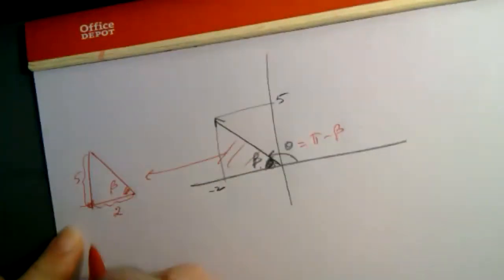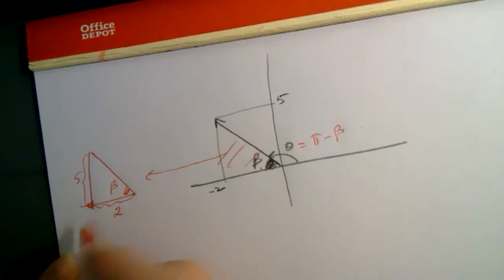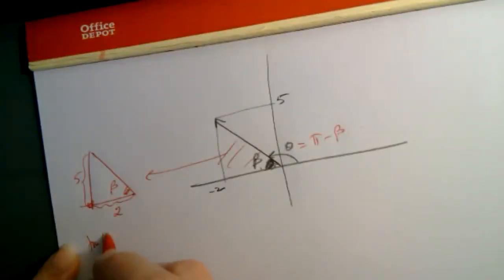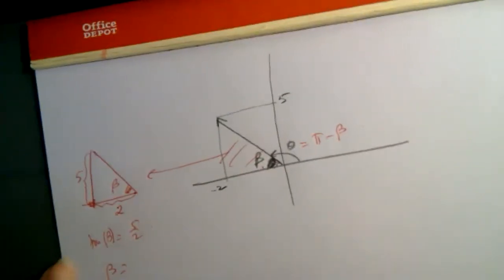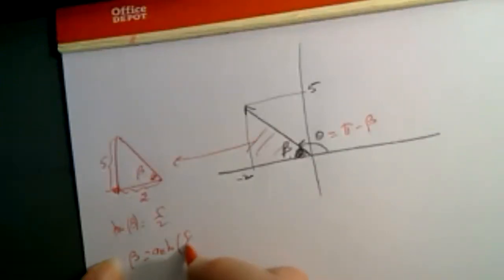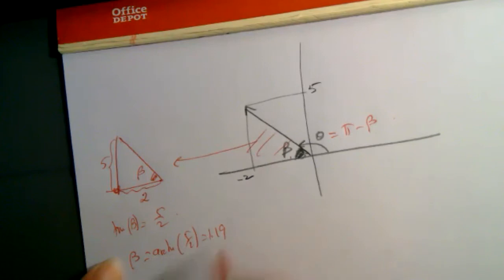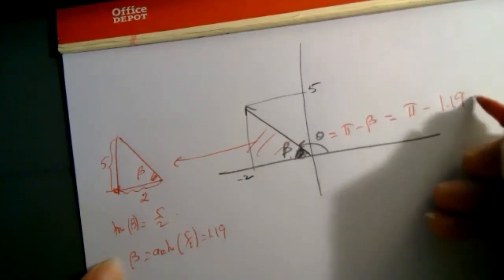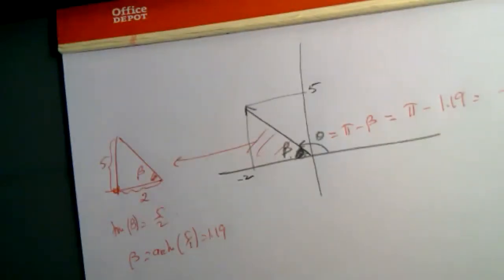Now I can use my trigonometry, sine, cosine, whatever you want. I will use the tangent because it's clear. This is 5/2. It means beta is the arctangent because now I am working in a right triangle. It's 1.19. So theta is pi minus 1.19. End of the problem. Okay, that's another approach that you can use for the problem.